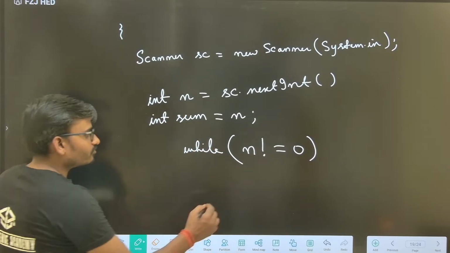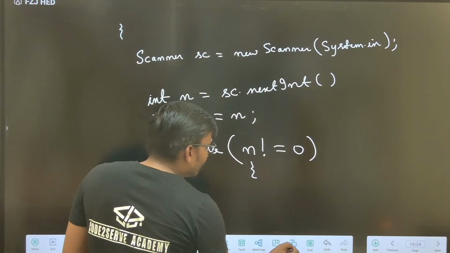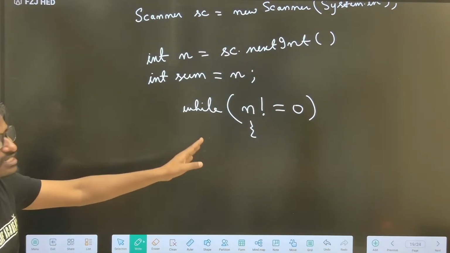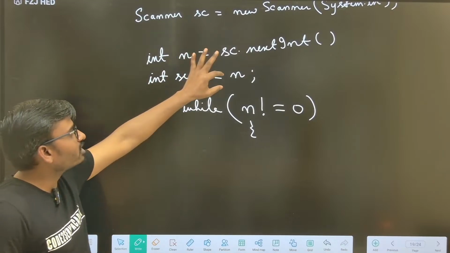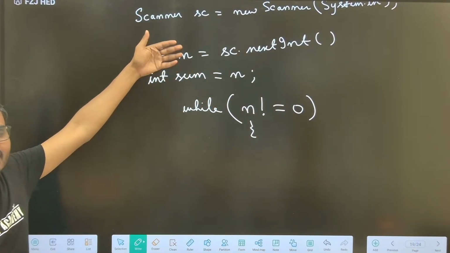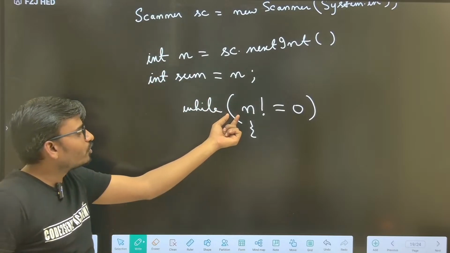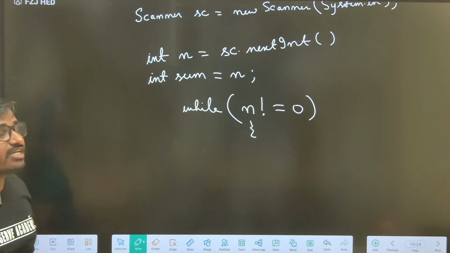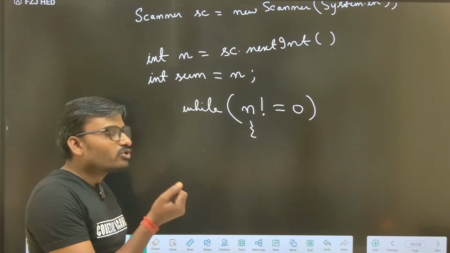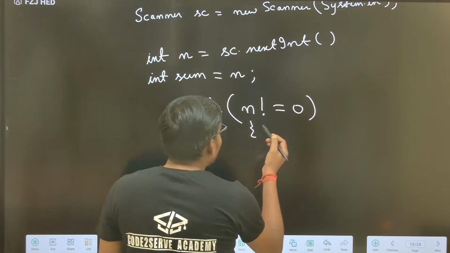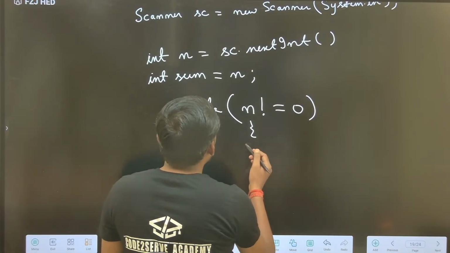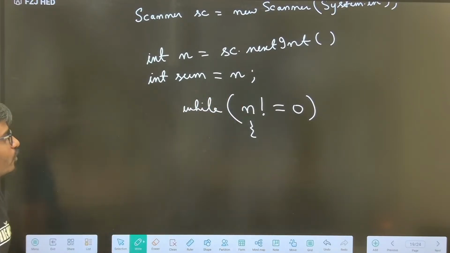So while n not equals to 0, for the first time you have to take the input in the outer part, then whatever logic you write inside, if n is not equals to 0, you have to find the sum. You already initialized that value with n.